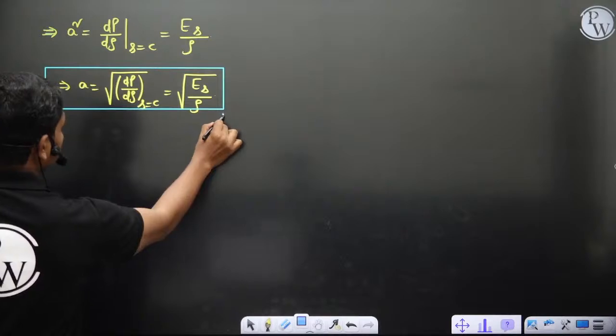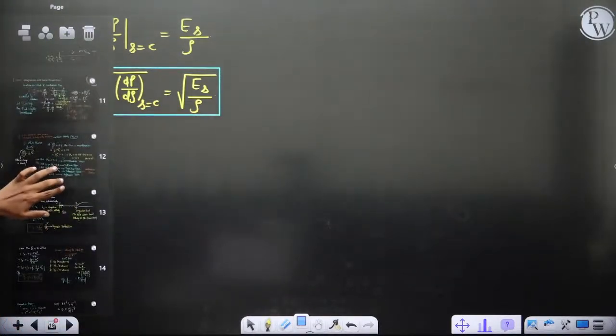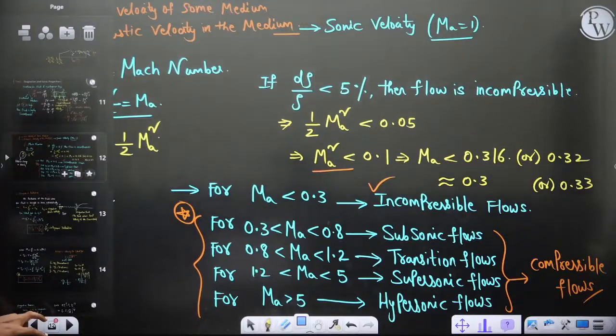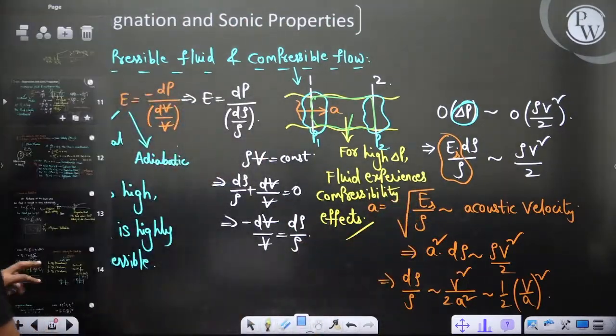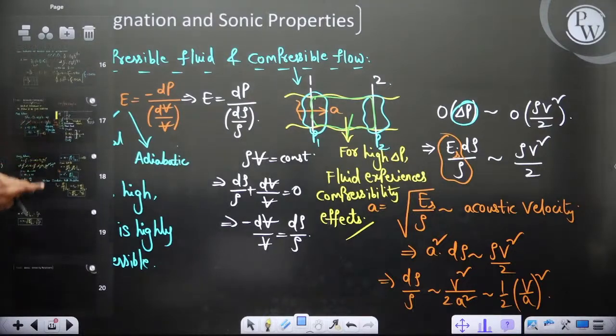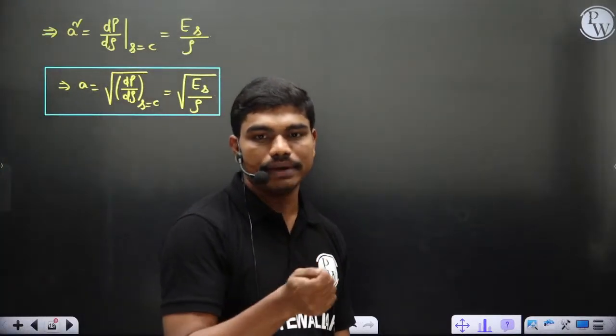This we have used in defining the first statement somewhere here, where we replaced a is equal to root Es by rho, that's the acoustic velocity, which is small a, the velocity of the disturbance in the medium.